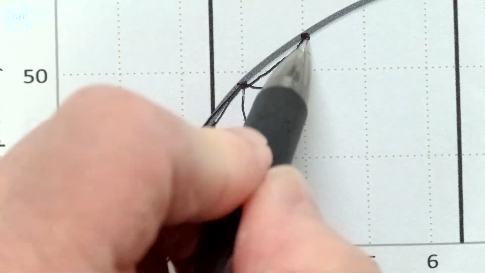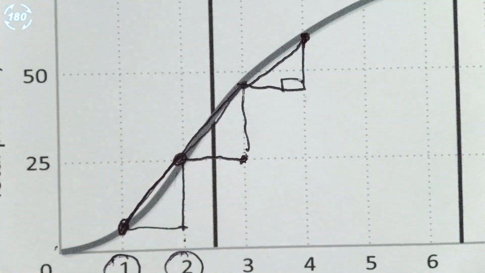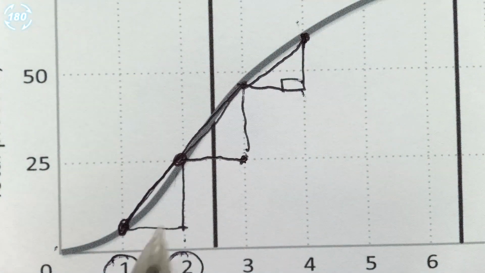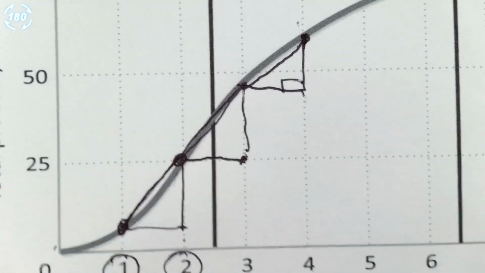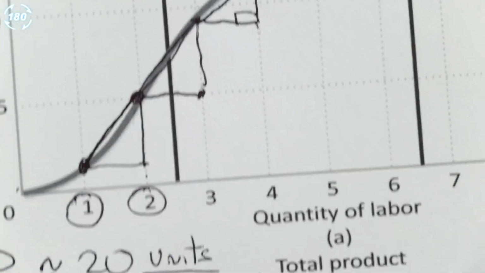It's the change here, about 15 units maybe, divided by 1 unit. So the marginal product of the second worker looked like it was about 20, I'm just guesstimating, units of output for an additional worker, per laborer or daily worker.